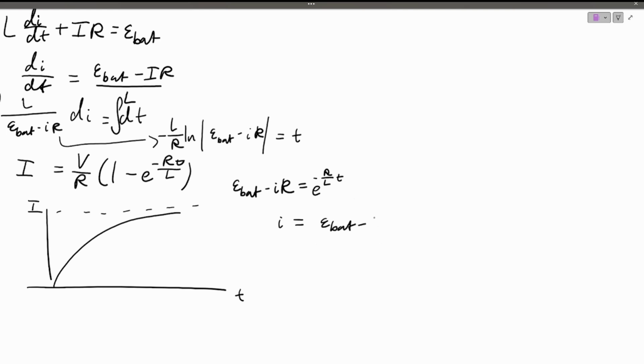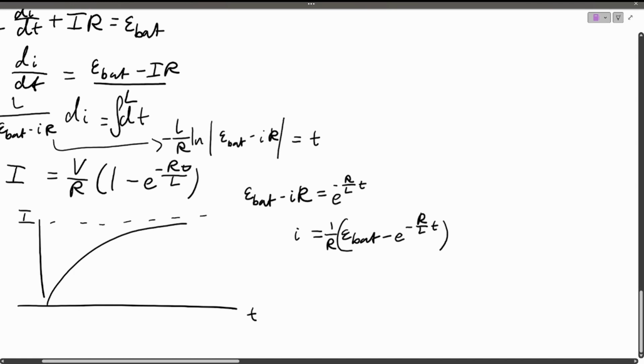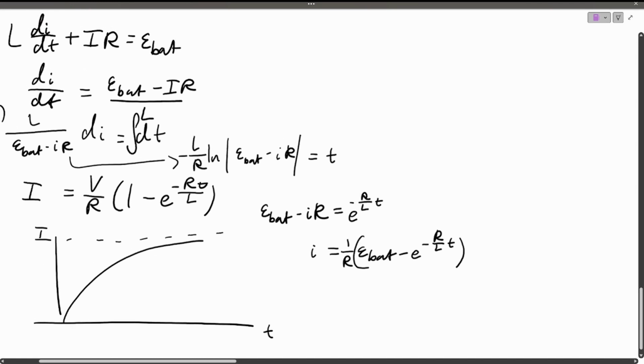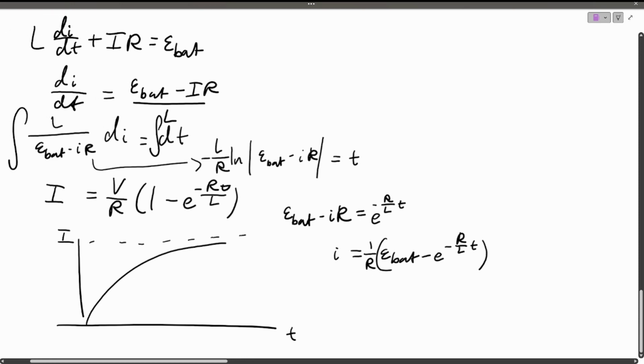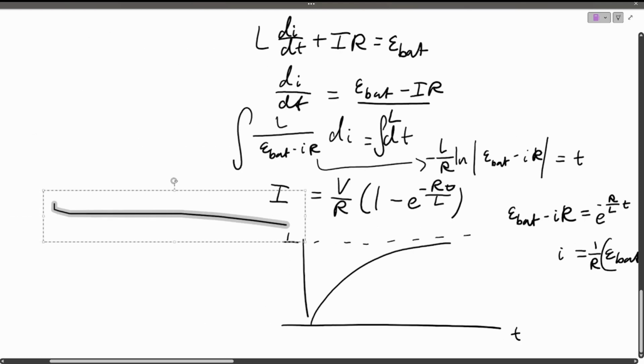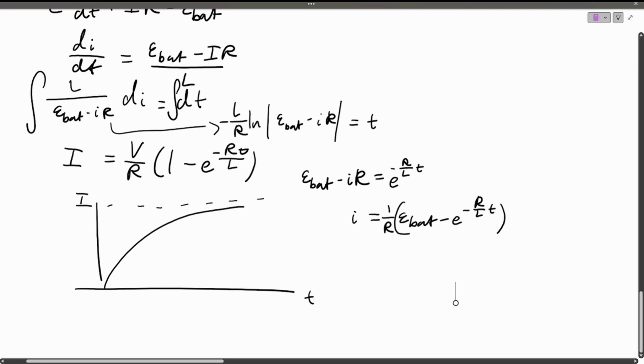Battery minus e to negative R over L t, 1 over R. Okay, sorry about that. Looking at this, we're still off by a little bit.